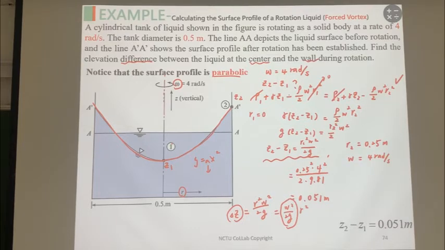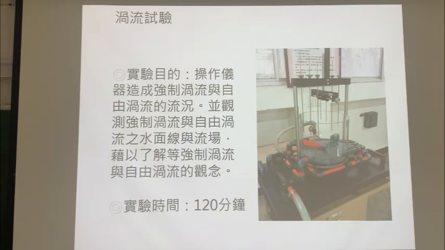Okay, so next semester we have one laboratory experiment. We call it the flow test experiment, and this is our instrument. Okay, and you see there are some pins. The pin can measure the water surface elevations.